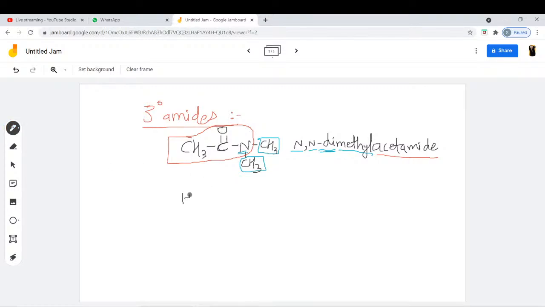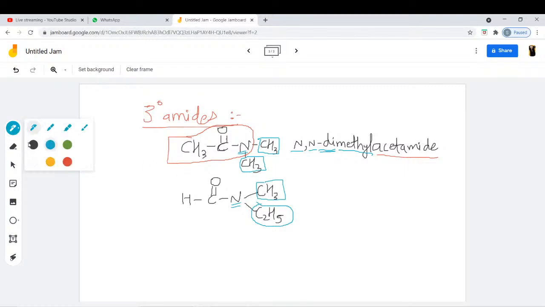One more example I'm taking here: HC double bond O, then N, then here CH3, and here C2H5. Try to give its name. Listen carefully. To this nitrogen, one methyl group and another ethyl group are attached. So you have to give the name for both.